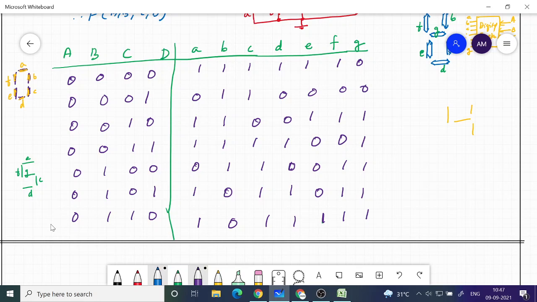You can write 6 this way also. So which looks better, that you decide. Maybe this is better. This looks a little bit like B. I think this is better. The second one. Yeah, second one is better.